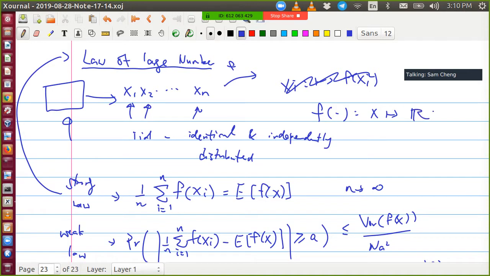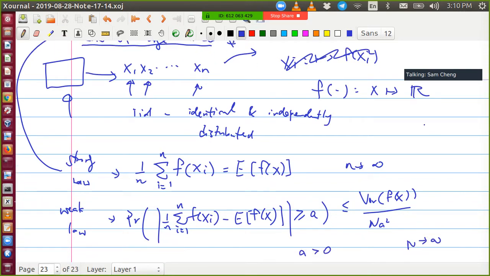Otherwise, if it is not a numerical value, I cannot take the average. It could also be the complex space; it will be basically the same. If it maps to some real space, I can take the average of x1, x2 up to xn, the empirical average. The average will be the same as the expectation as n goes to infinity.